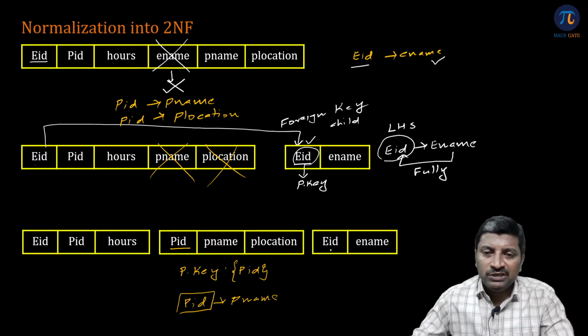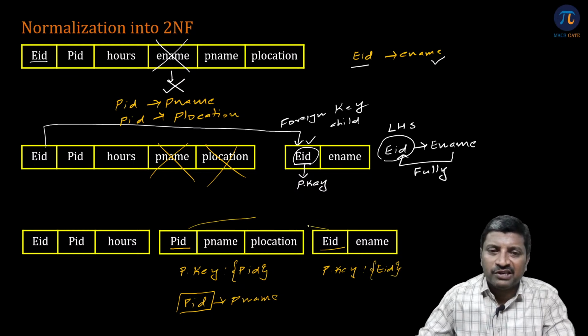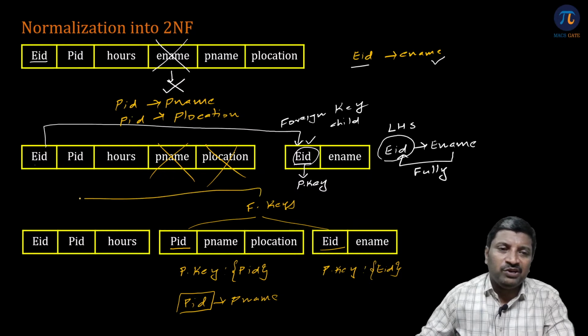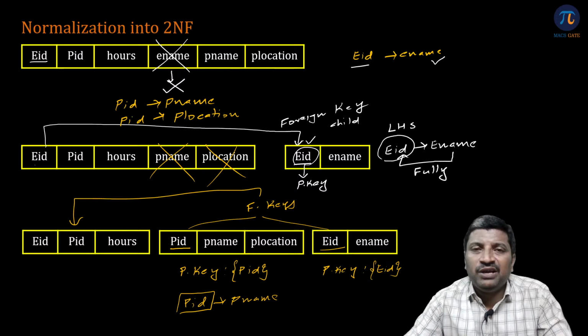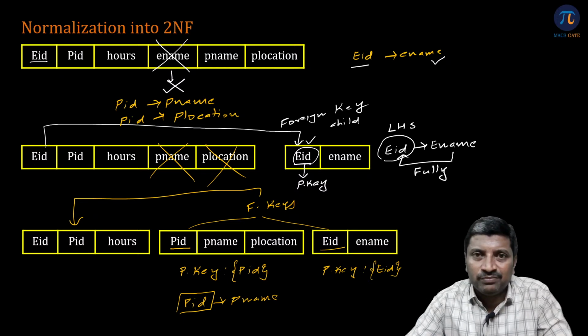Hope you understood it. Similarly, we have already given, sir, what is the primary key for these? That is employee ID. Anyway, these two are foreign keys, which we borrowed from the main table. Hope you understood it. So this is the way to decompose to the second normal form.